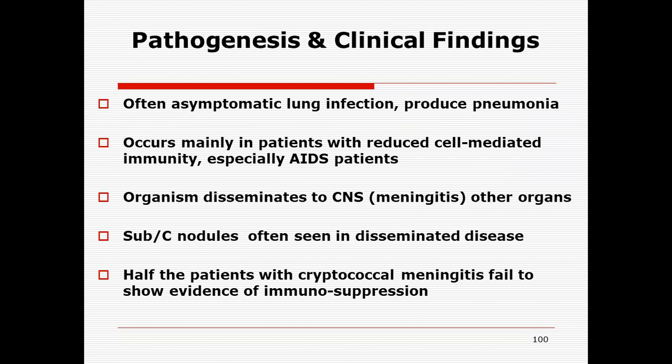The pathogenesis of the disease is that the lung infection is often initially asymptomatic, but it may produce pneumonia, and this occurs mainly in patients who have reduced cell-mediated immunity, and again the patients of AIDS.